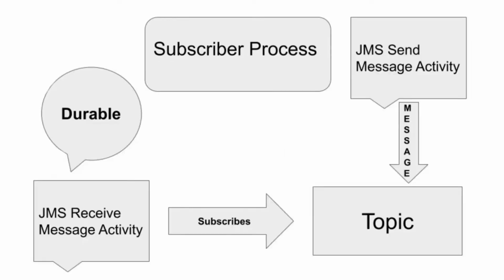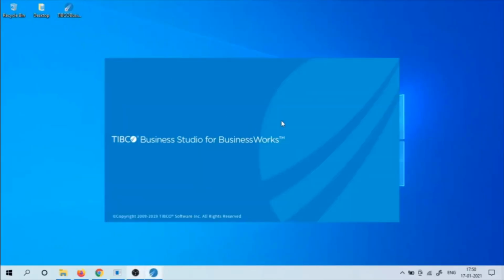The subscriber process has a JMS receive message activity, which subscribes to the topic sent by the publisher. Also, the JMS receive message activity is configured as durable, allowing the messages to be received later if the receiver is offline. So let's get started.